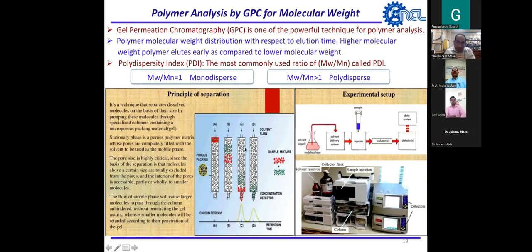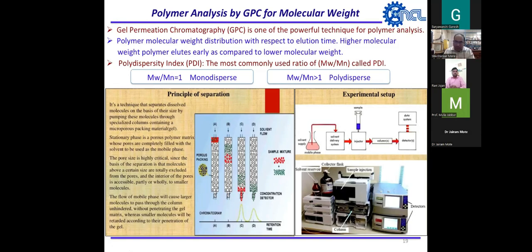So how does the principle go? These are examples of the columns. The columns have a porous packing of microbeads, and each microbead has pores of a certain size. Consider two polymers injected together: one has a large molecular weight and one has a small molecular weight.